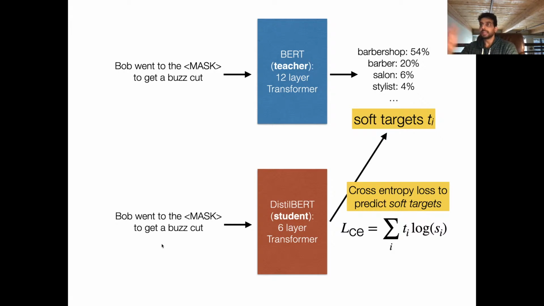So that's the general intuition here. You can think of it as soft targets have the probability mass distributed across all of the items in the vocabulary, and hard targets just have it concentrated on the single correct word. Hopefully that cleared it up.